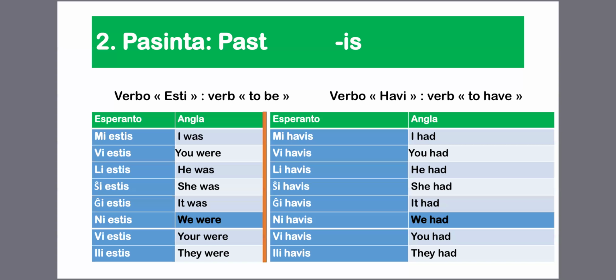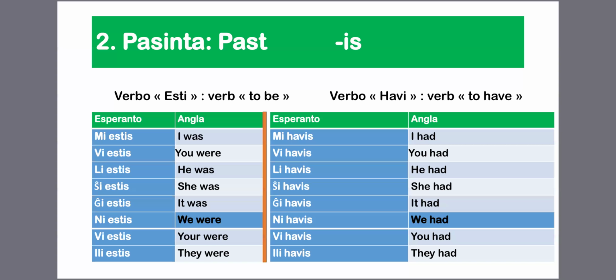Vi estis, you were. I'm reading Esperanto, you are going to follow me. Li estis, ŝi estis, ĝi estis, ni estis, vi estis, ili estis. Here you can see that we put IS at the end of the verb to be, and this is how we say the past with the verb to be.